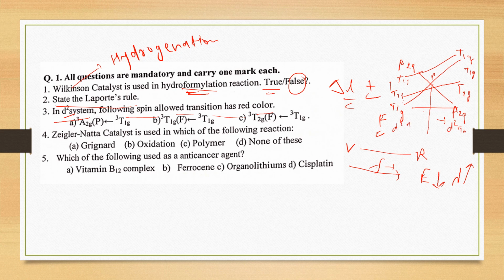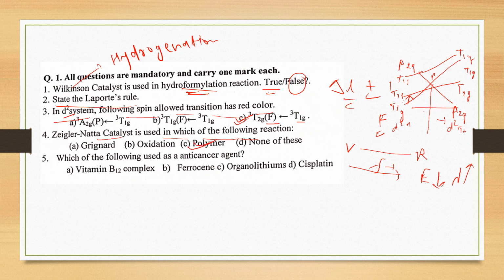T1G to T2G has lowest energy, so we have to find T1G to T2G. This transition will have red color. Ziegler-Natta catalyst is used for polymer reaction.